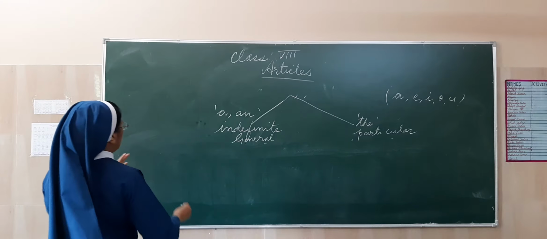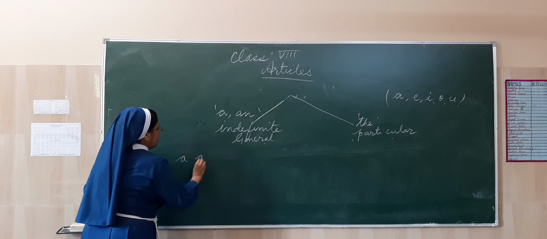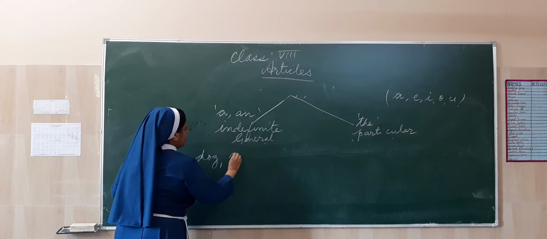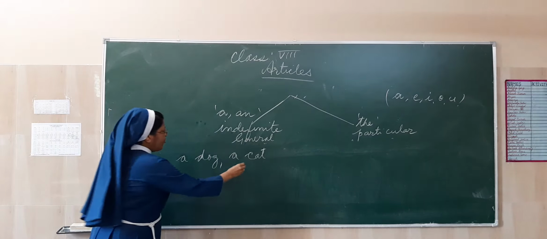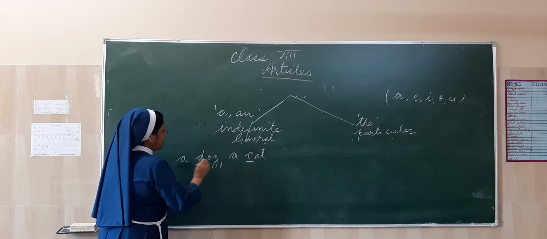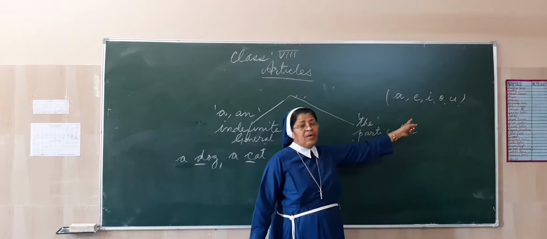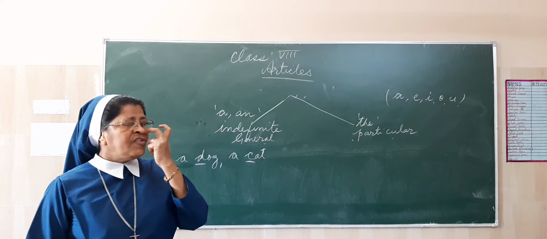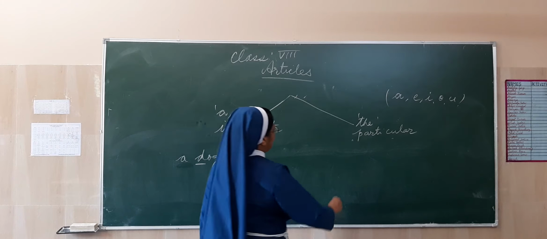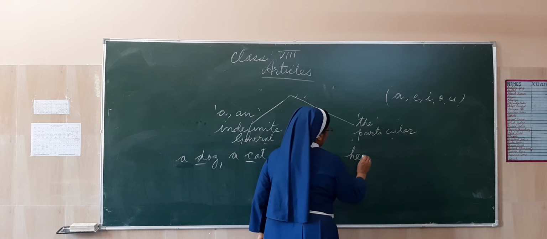For example, you say a dog, a cat. Because C and D do not come under the vowels. But all the same, there are exceptions. For example, if I write here, an honor.